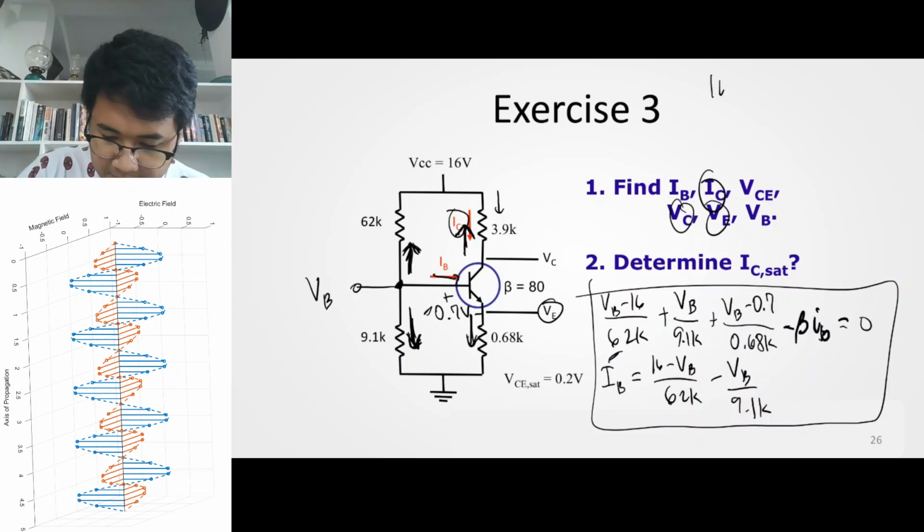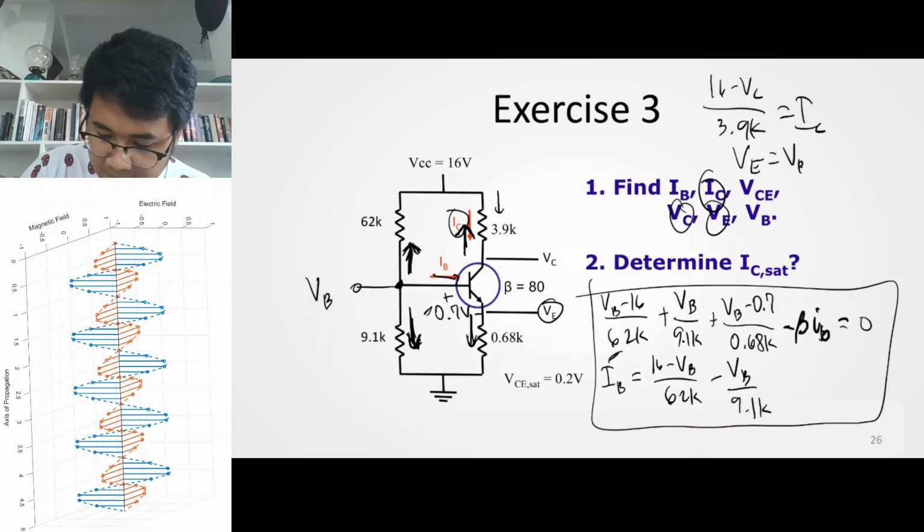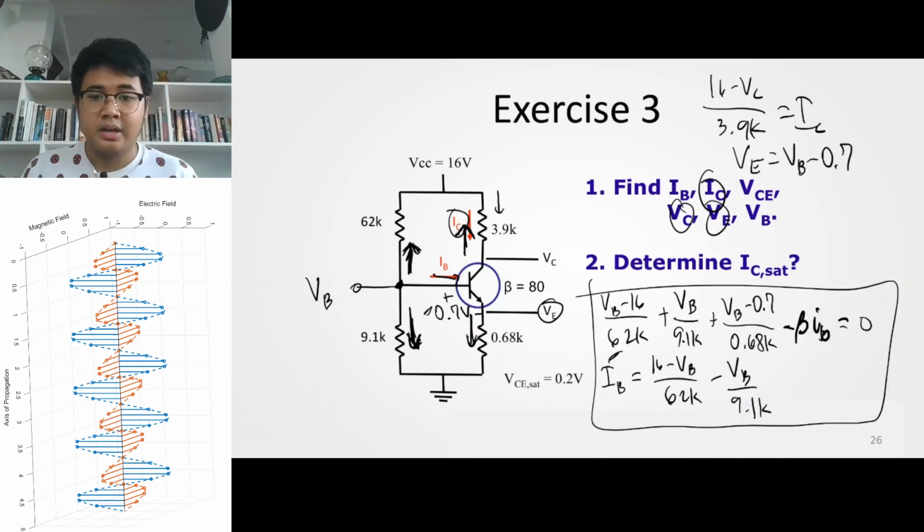So that's 16 minus VC divided by 3.9K, which is equal to IC. VE can be solved also. Once you get VB, VE is quite simply VB minus 0.7. And finally, VCE is quite simply VC minus VE.